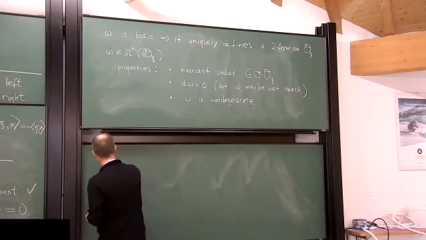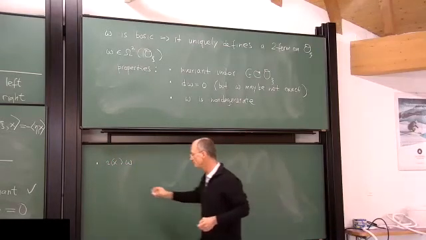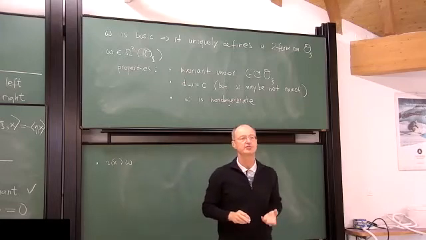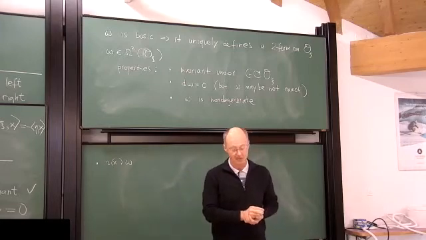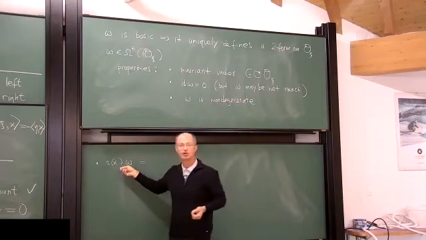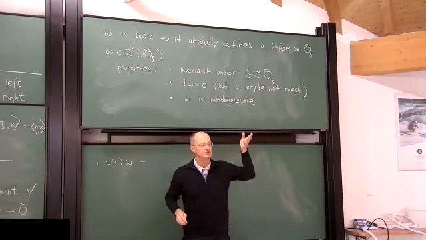Well, the first computation I want to do is to compute its contraction with the vector field of the Lie algebra element X. And in fact, I can do it on the orbit, or I can do it upstairs on the group.